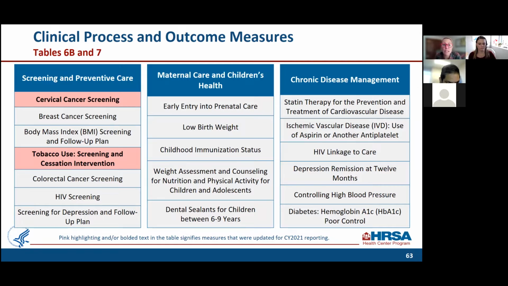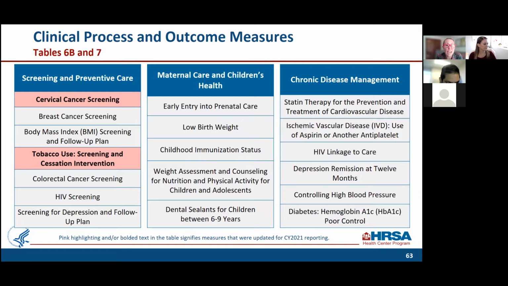So here is a list of the clinical process and outcome measures reported on the UDS. These are important because in addition to what services you provide and the diagnoses you treat, HRSA, the Health Resources and Services Administration, is interested in understanding the quality of care that was provided to patients. That's what the clinical quality measures are for. So HRSA has defined 18 measures that serve as proxy measures for long-term health outcomes.